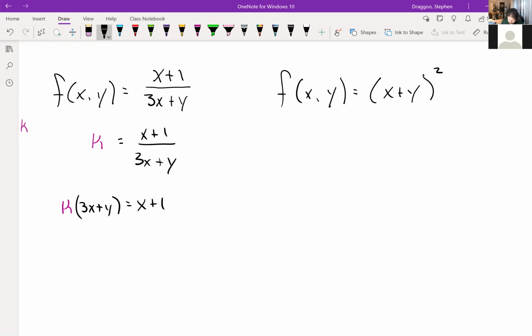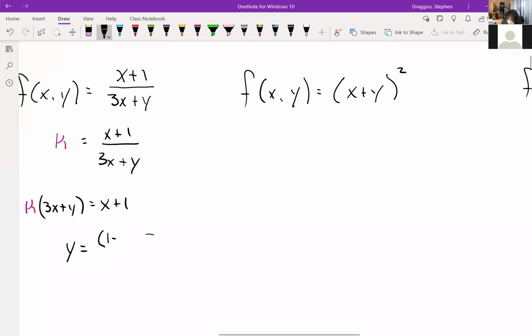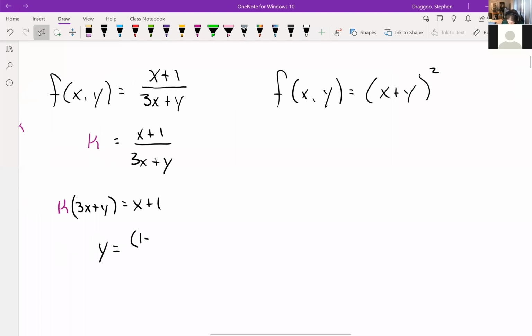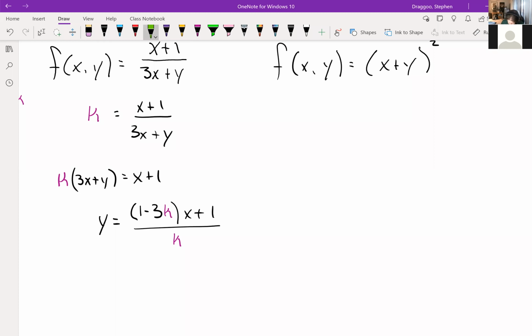And through the magic of simplification, I should hopefully get that y is equal to 1 minus 3k times x plus 1, divided by k. Which, this thing is a line. Right, it's just mx plus b.